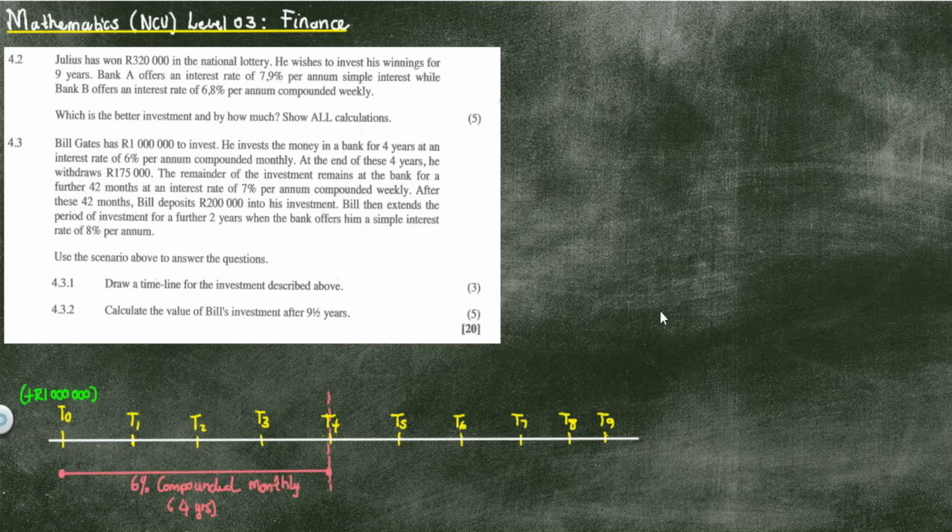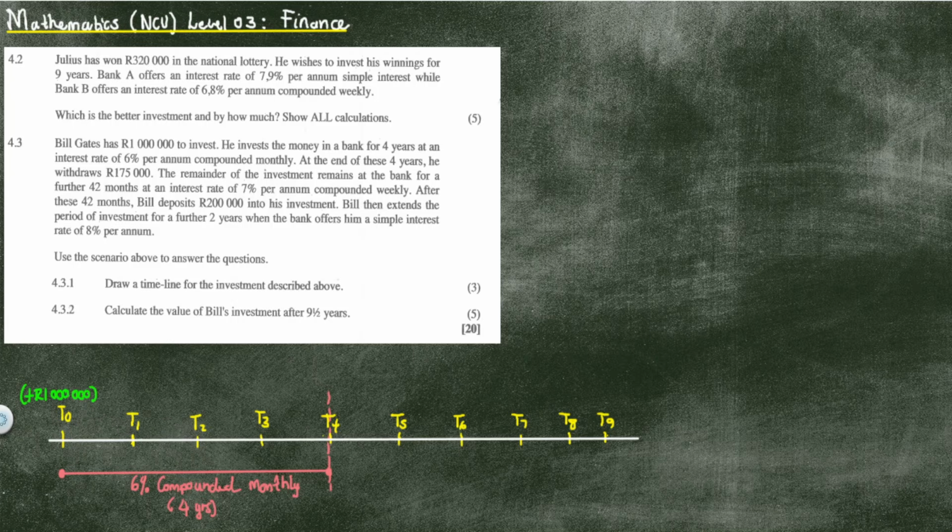I draw 6% compounded monthly, 4 years. Make sure that you highlight that on your timeline as well. So I have the 6% that is compounded monthly over a 4-year period. So it's also marked out on the timeline.